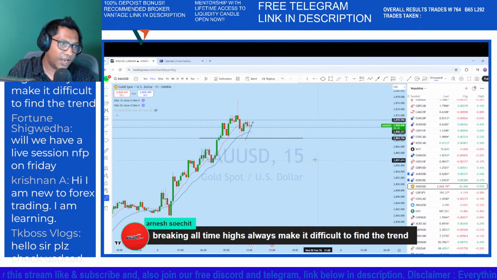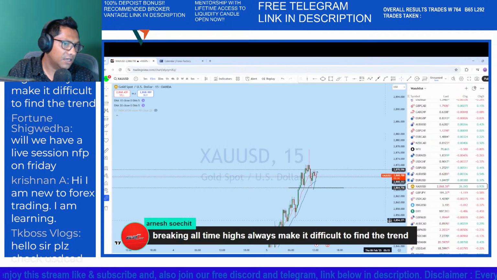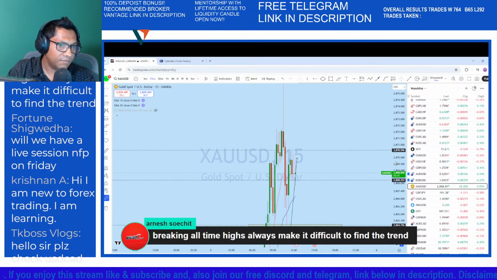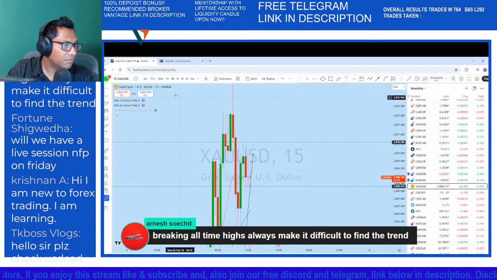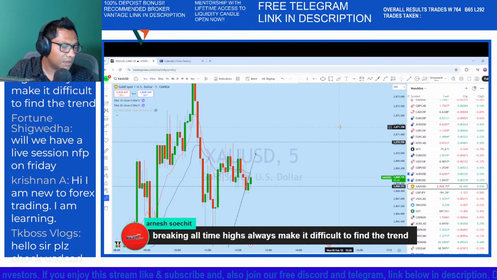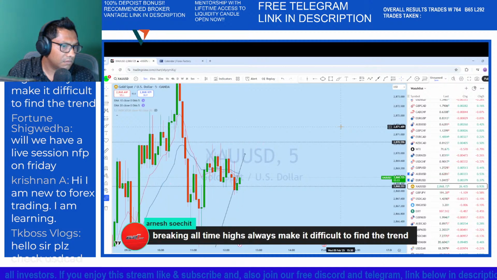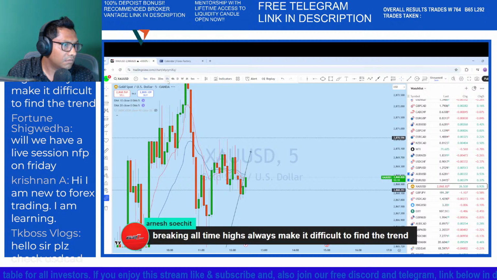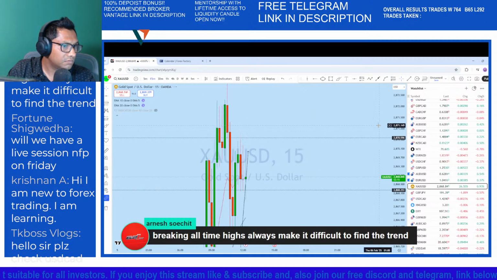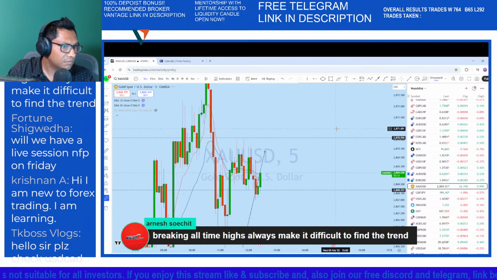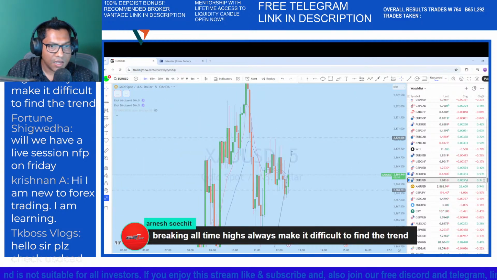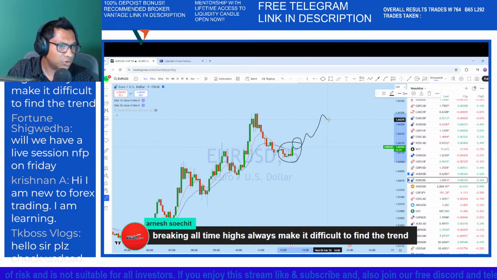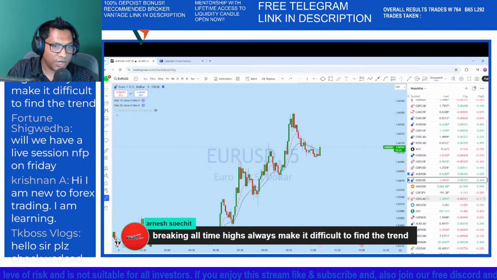Both of these, Euro dollar and XAUUSD, are currently in a trend. Euro dollar, we can see locally moving up here. Okay, so want to see that potential trend.